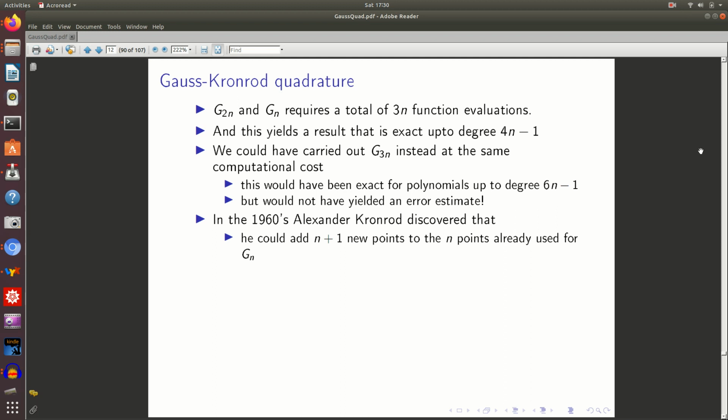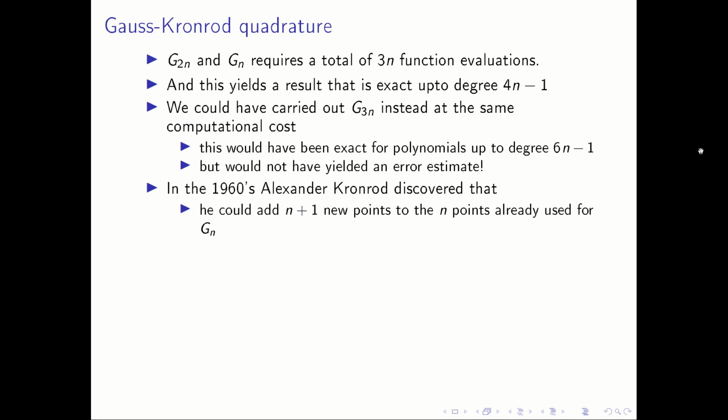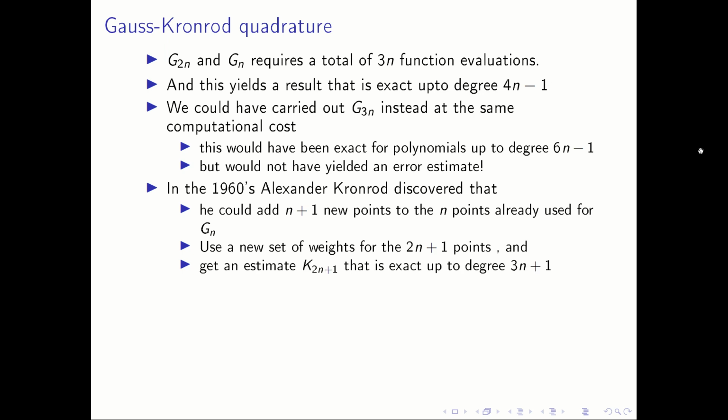So what Kronrod found was that with these 2n plus 1 points, and by using a new set of weights, not the weights that were used for Gn, of course, there were n weights for Gn, he needed 2n plus 1 weights, different weights, not the same ones as were used for Gn, and with these 2n plus 1 points and 2n plus 1 weights, he could estimate a result which we are calling K2n+1, K for Kronrod, which is exact up to degree 3n plus 1.